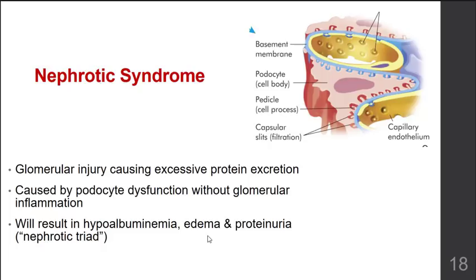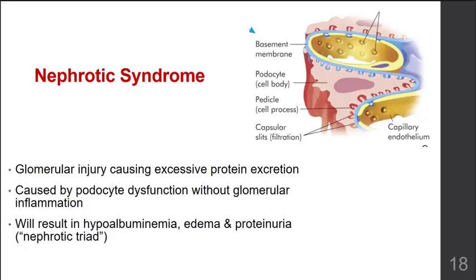And if you think about it, it makes sense because they've lost their albumin present within the blood vessels that would normally keep fluid within the vessels. And so with loss of albumin, the blood vessels have a very difficult time keeping fluid within them.